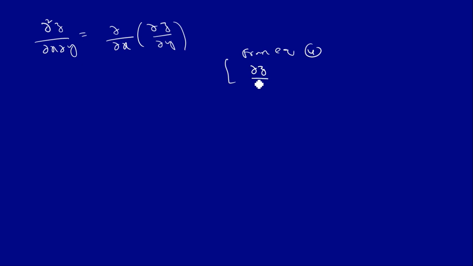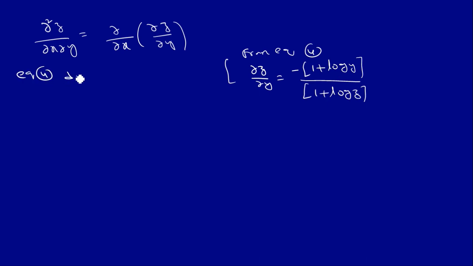Dou z by dou y equals minus 1 plus log y by 1 plus log z. Here I am going to write equation 4.